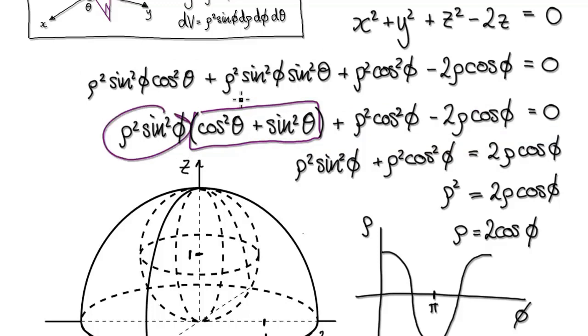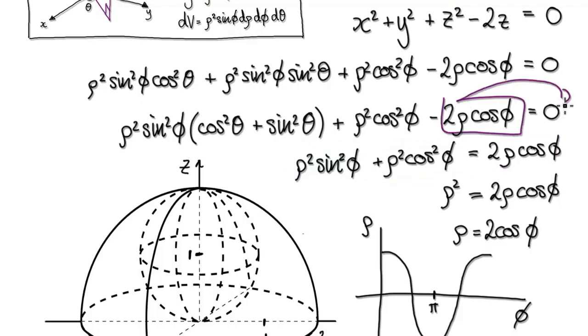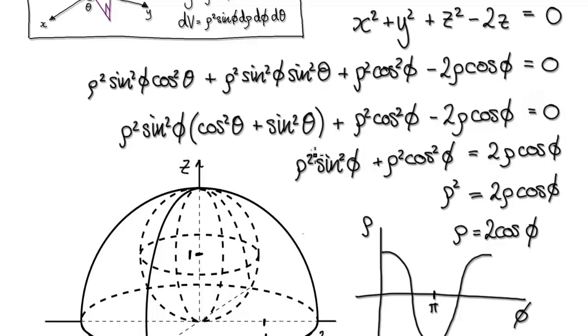So this whole thing here will then become this. So we are currently here. Don't forget you add this to the other side, so that will give you this. Looking at this, rho squared, you can factor it out. Combining these two would then give you this. And then divide both sides by rho, and that would take you to here.